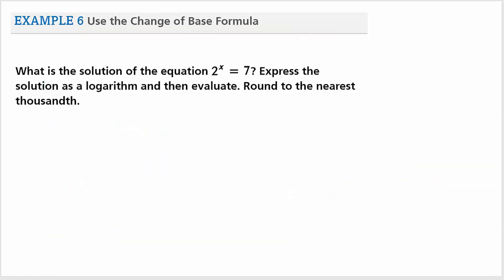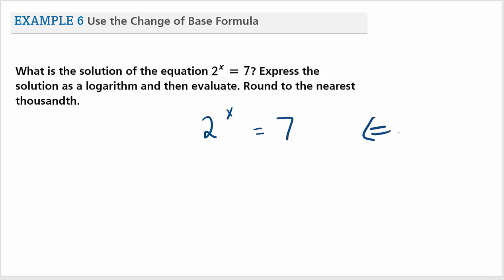In our next example, we're going to solve for x. So the question is asking us to isolate x to figure out what is that exponent that is going to be used when applied to the base of 2 to equal 7. We're going to start with applying the inverse operation.